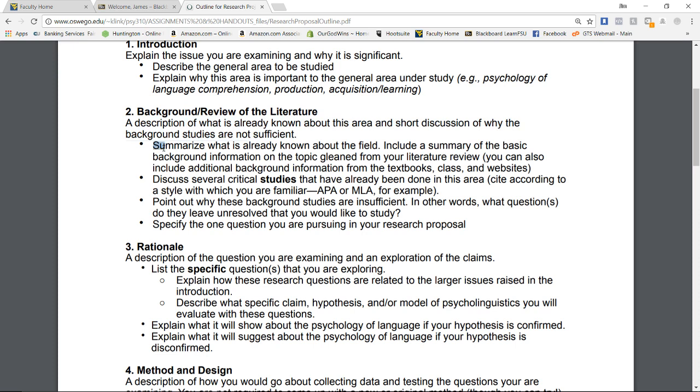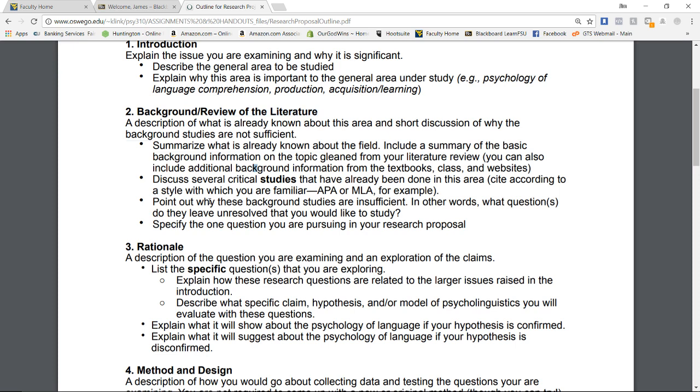So that's basically where you're going to summarize what's known about this subject that you're writing about. You might include a summary of some of the basic information that you have found as you've done your research. In other words, you're going to talk about your research. Review of literature means review of your research information that you've found. So that's what you're doing here.